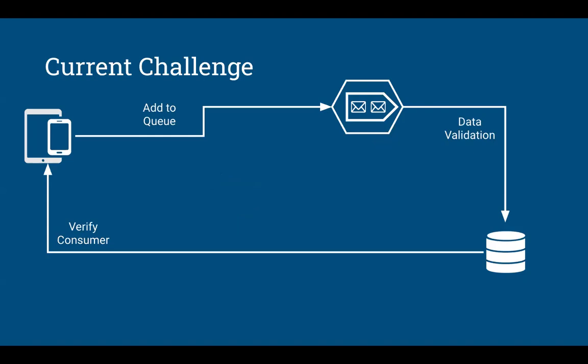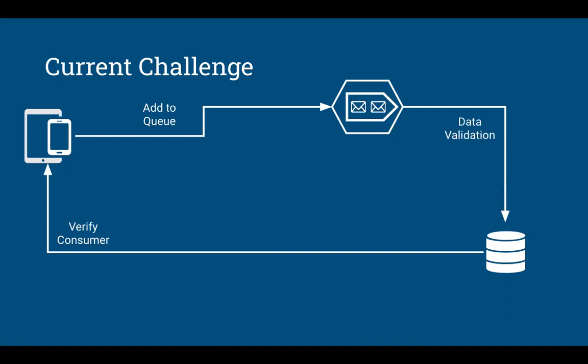So what happens is the consumer adds their contracts, which they have generated from the scenarios that they are using in their application, and they are in XML. So we put them in GitHub.